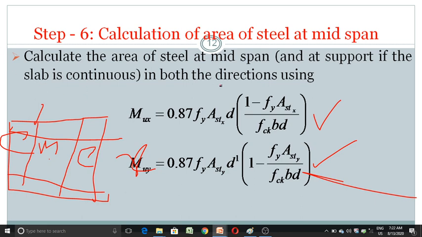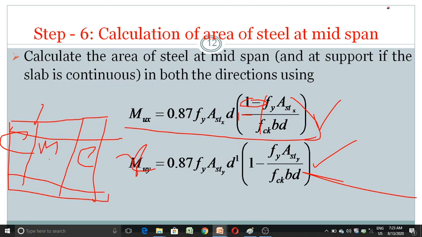To calculate the area of steel in the midspan region, we use this formula, that is Mux equals 0.87 fy Astx d into 1 minus fy Astx by fck b d.